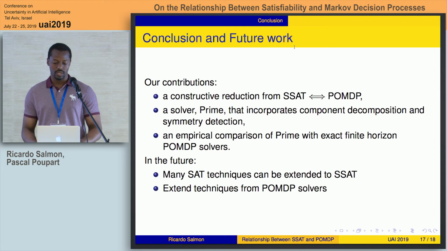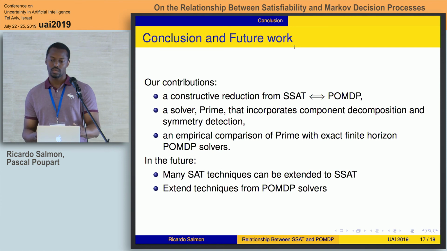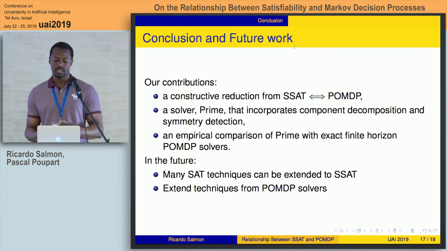Some future work we would like to look at is extending some previous techniques from SAT, model counting, and QBF to stochastic SAT solvers, and look at different techniques that are being used in POMDP solvers and see if those which are orthogonal can be implemented on stochastic SAT solvers.